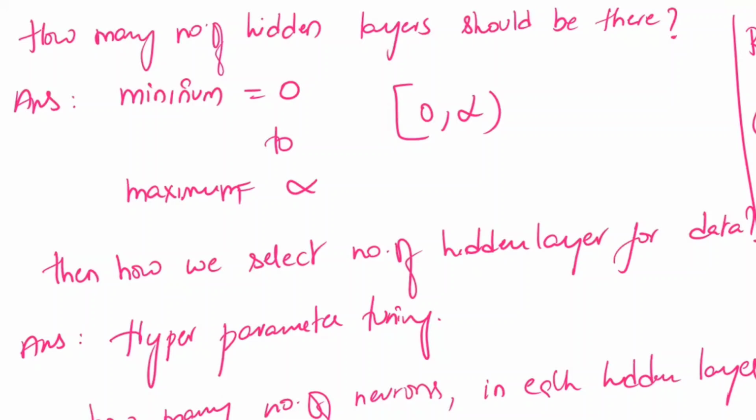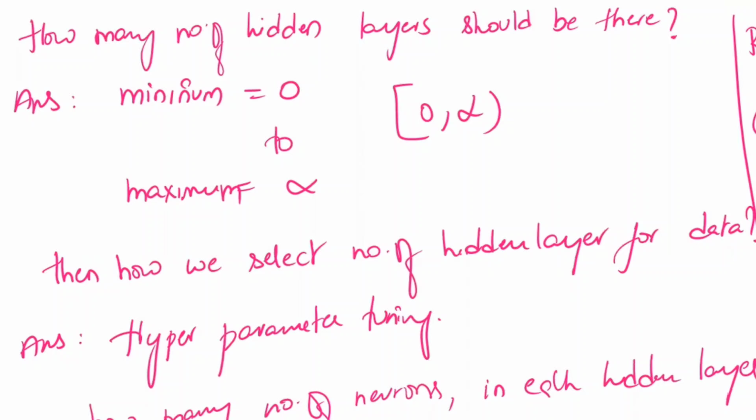You have to select this many neurons, this many layers, that you only have to select. Nothing is there. No rule for the hidden layer. Nothing will be applicable.